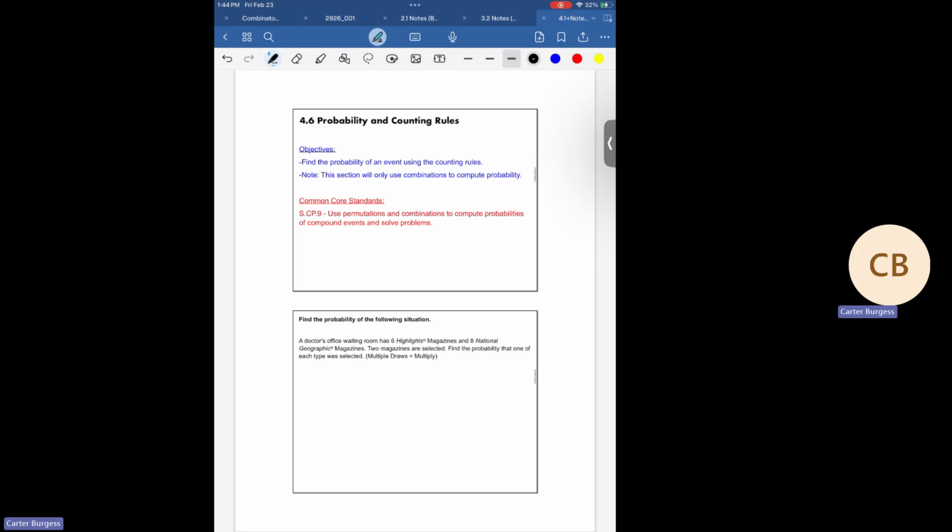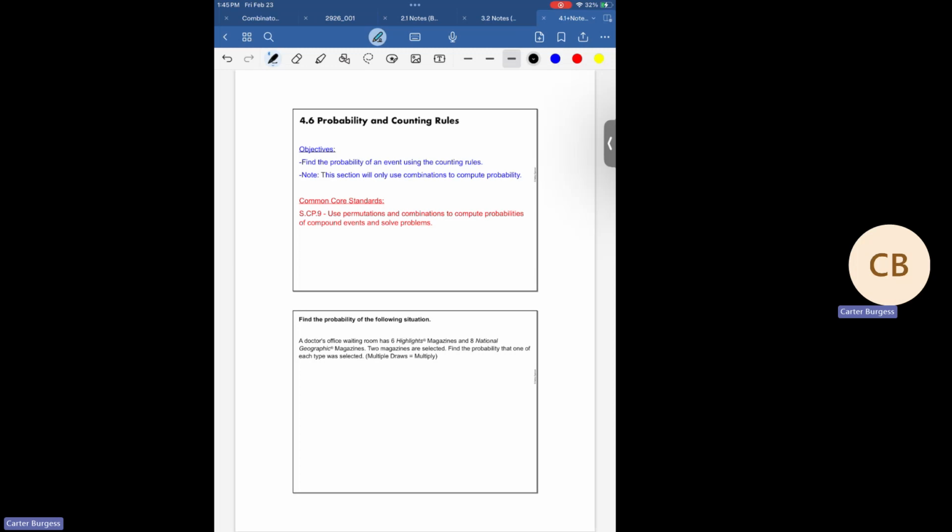4.6 is nothing new conceptually. The reason why we want the stuff from 4.5 is the ability to count complicated sample spaces really, really quickly. So these counting tools will let us figure out the denominators of our probability, the numerators of our probability.